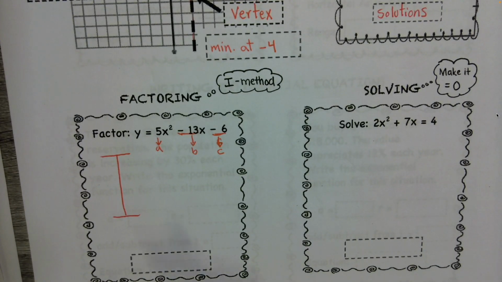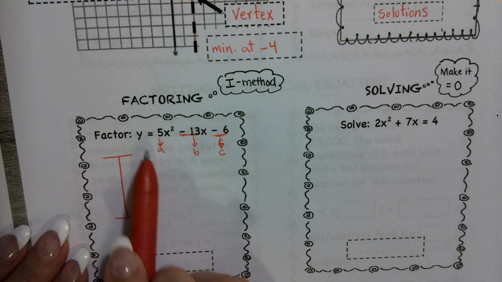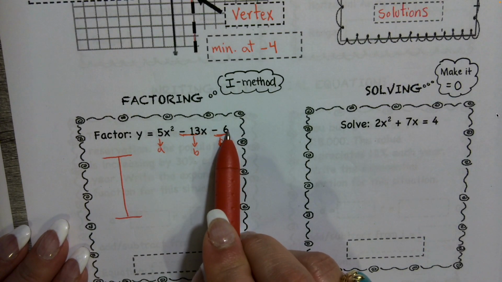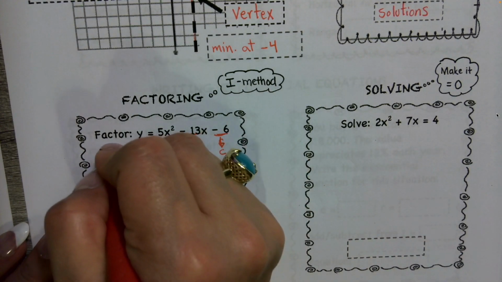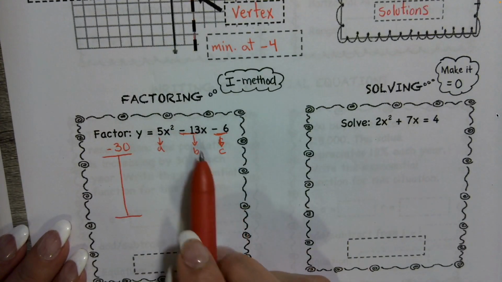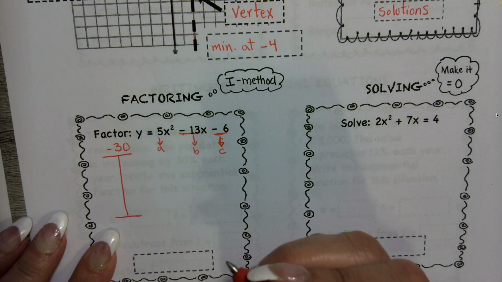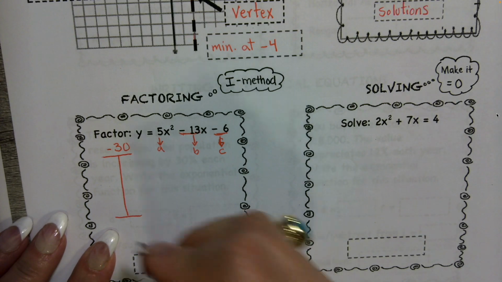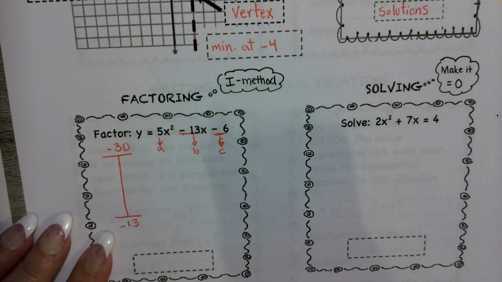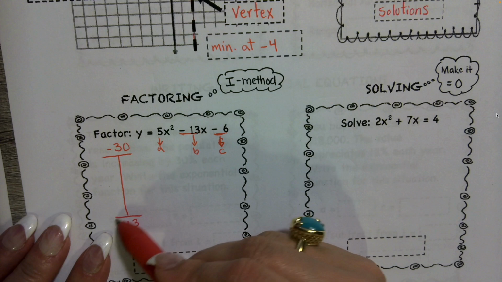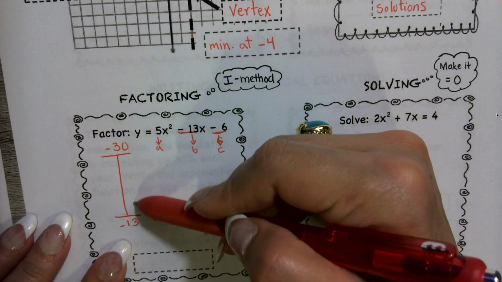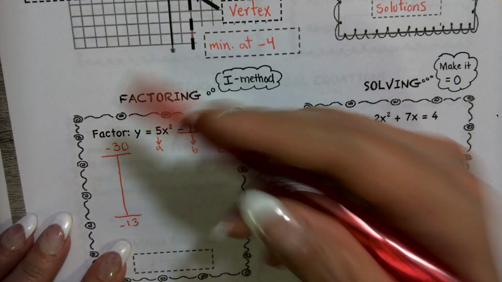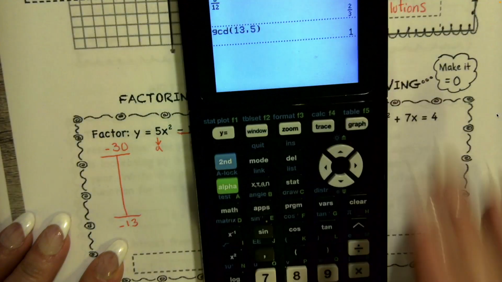Okay. So AC goes on top. So A times C is negative 30. Goes on top. And then B goes in the bottom, which is negative 13. Then you take a look at this one and see if it's negative. All the factors that go on this part should be negative.